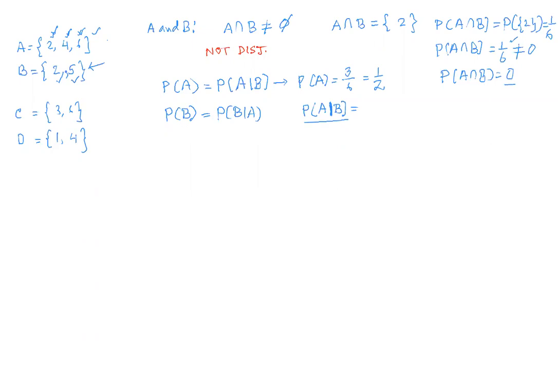Remember that. If you toss a coin, before you toss the coin, the probability of getting a head is what? 50%, right? But if you toss the coin and you get a head, what is the probability that you will get a head?